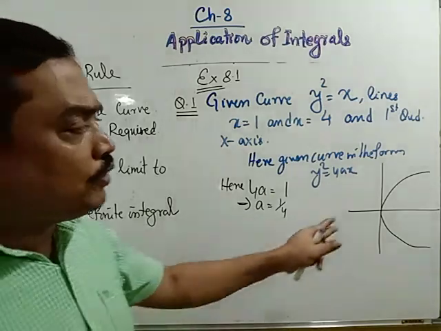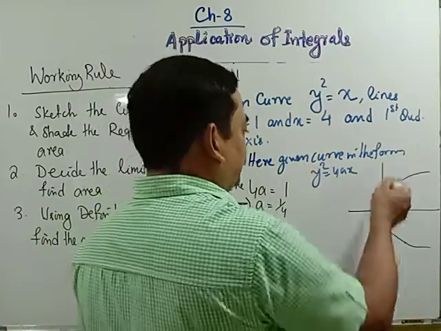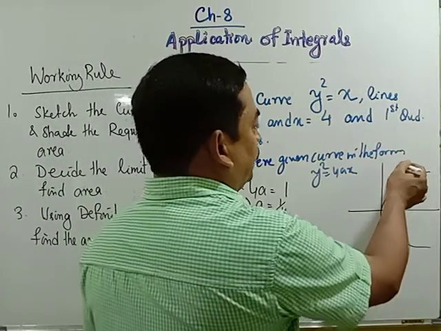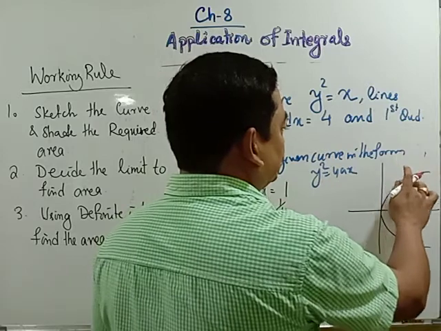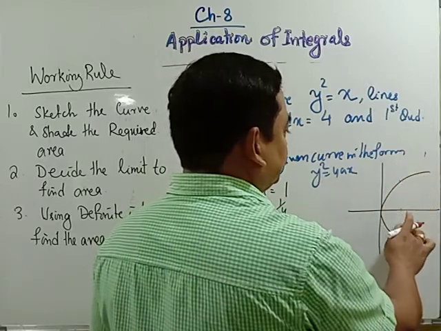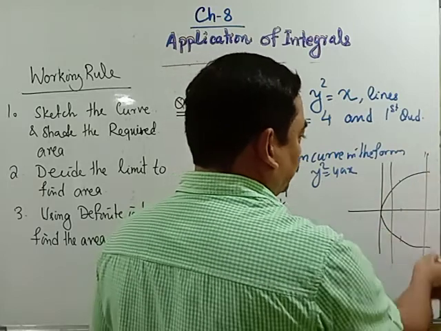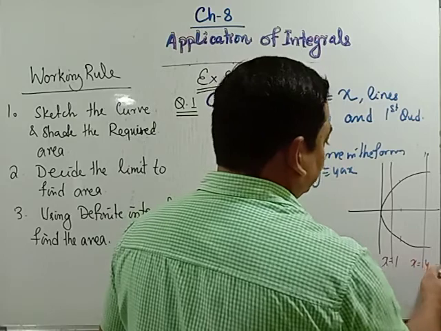So this way you have drawn the curve, and next you draw the x is equal to 1 line. It is parallel to the y axis. This is x is equal to 1, this is x is equal to 4.